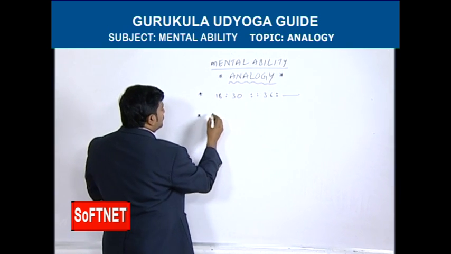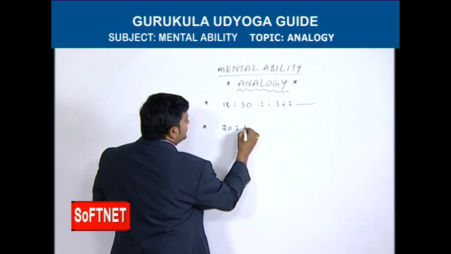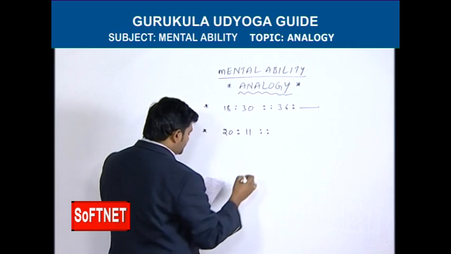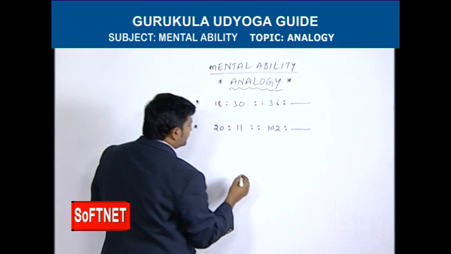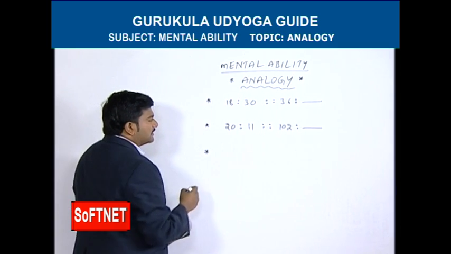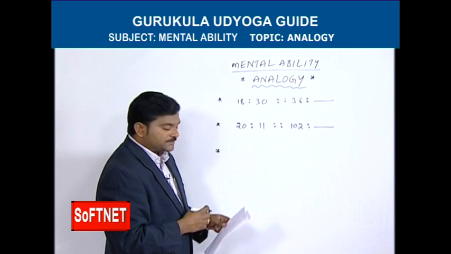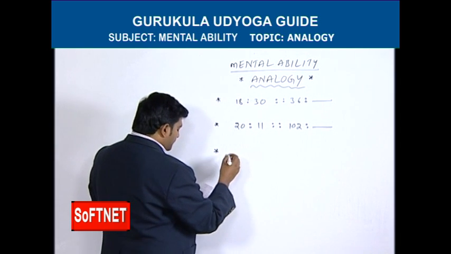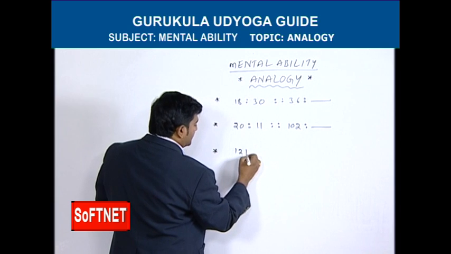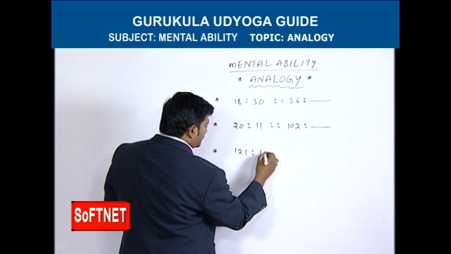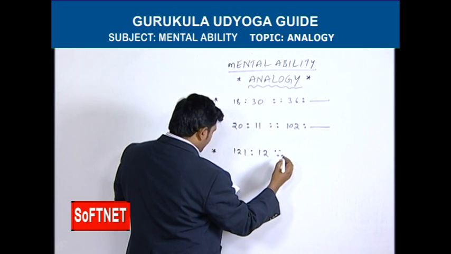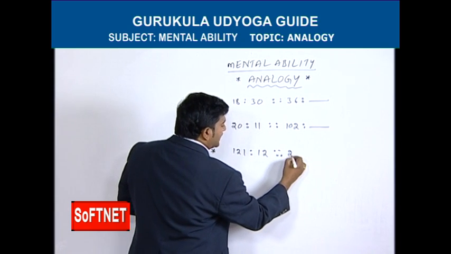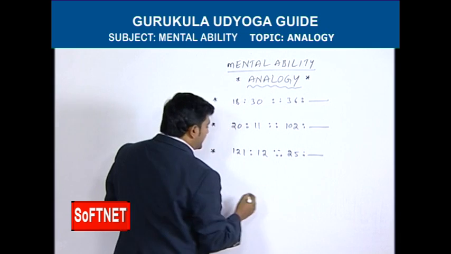And second question is given: 20:11 is as 102 dash. Similarly we can take like this also. Next example, 121:12 is as 25 dash.